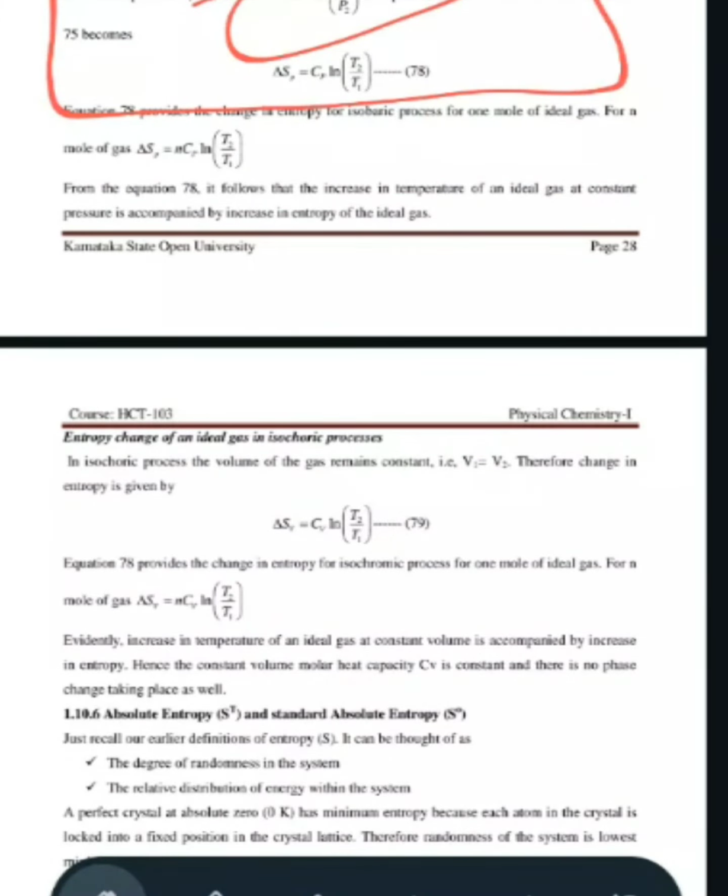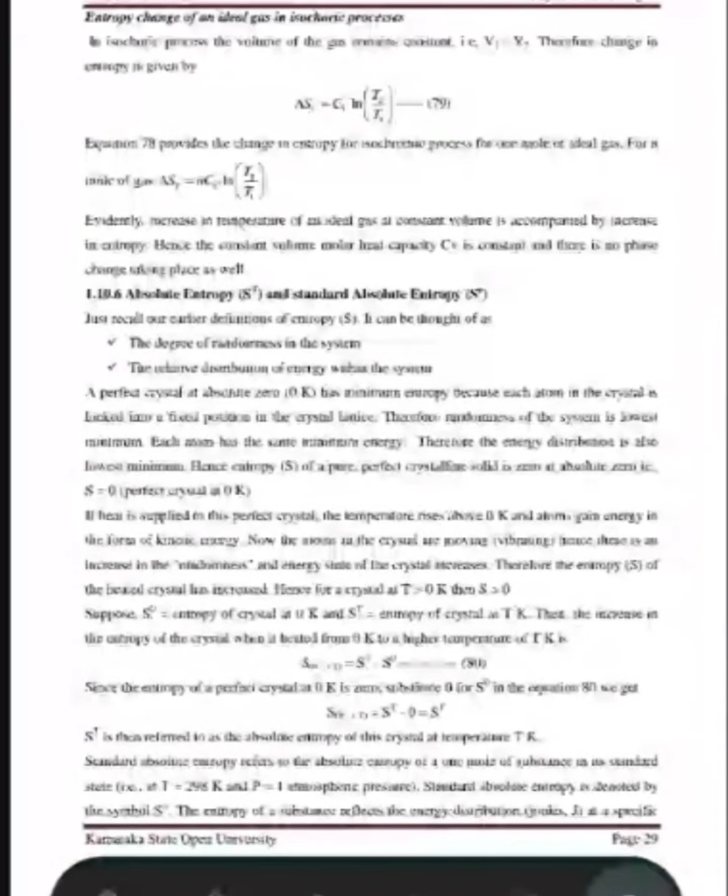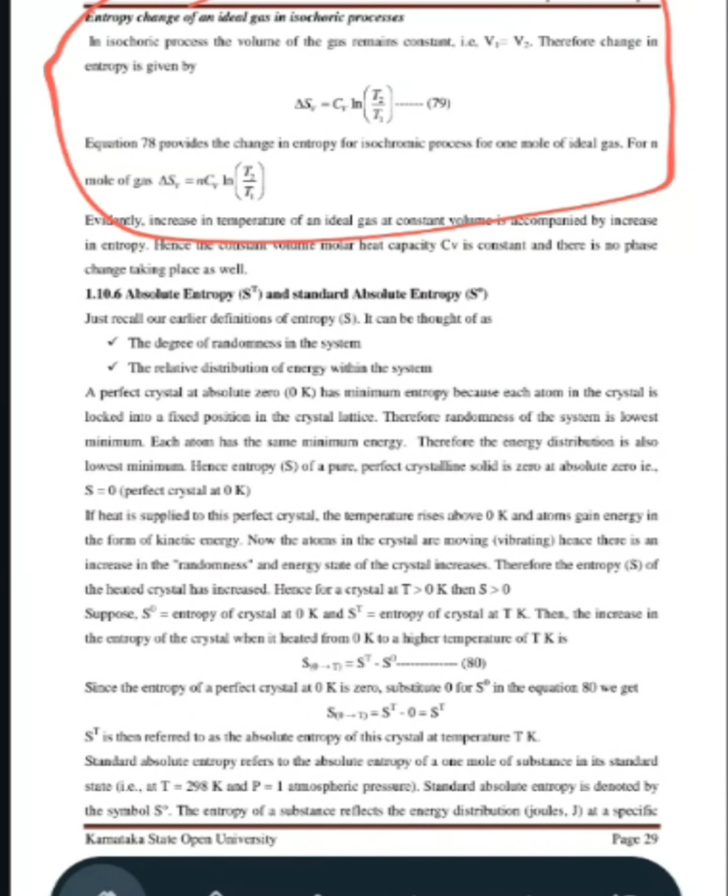Next is the entropy change of an ideal gas in isochoric process, where volume is kept constant. So whatever the reactants that we are taking, that volume will be kept constant. That is the isochoric process. V1 and V2 will be of 0.